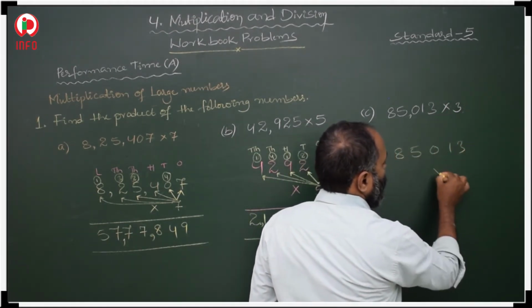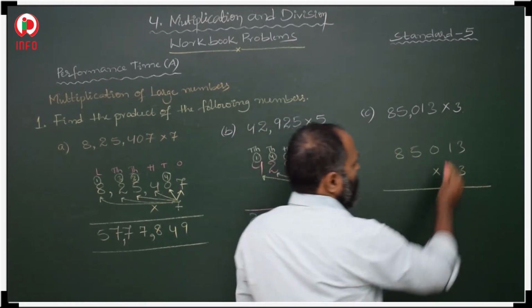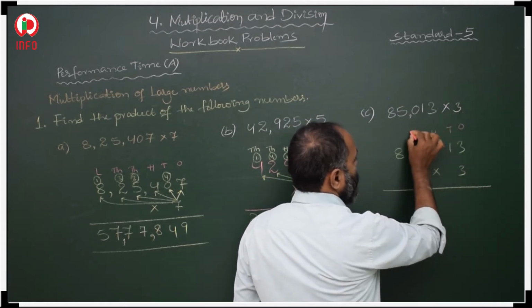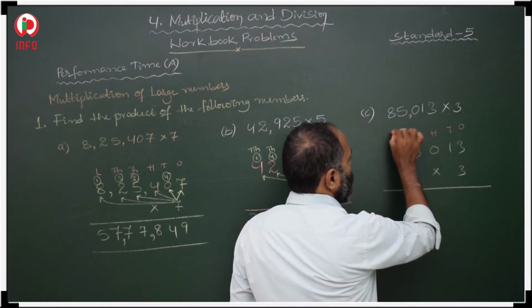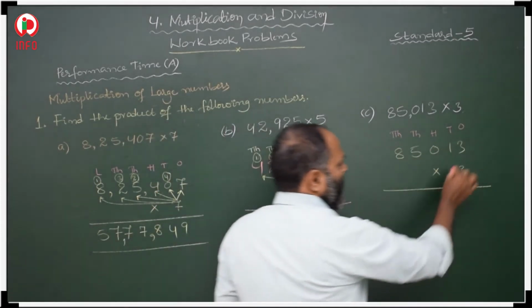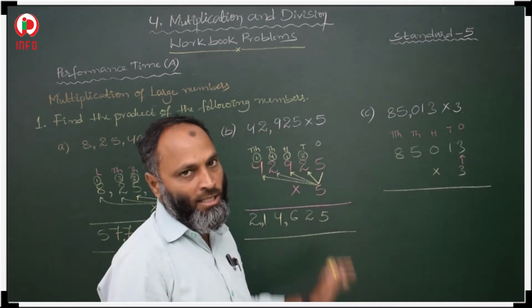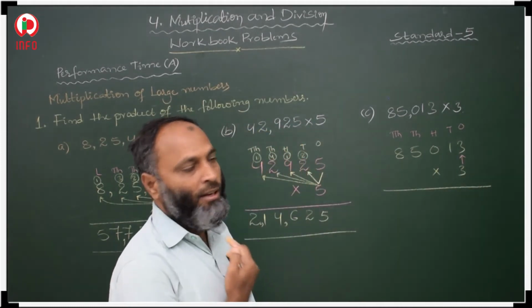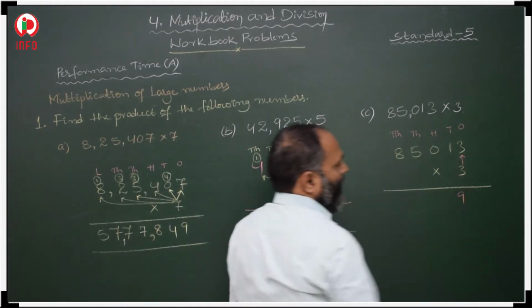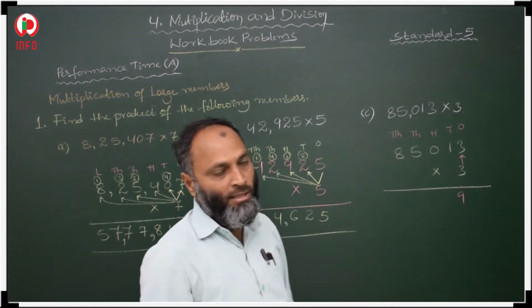The next, 85,013 multiplied by 3. This is the ones place, tens place, hundreds place, thousands place, 10,000s place. First 3 with the ones place. We start multiplication from the ones place to the last, from right to left. 3 threes are 9. 9 is a single digit number, no carry over to the next place.